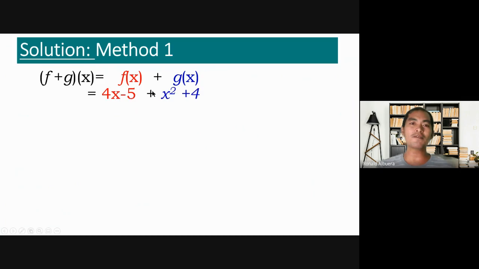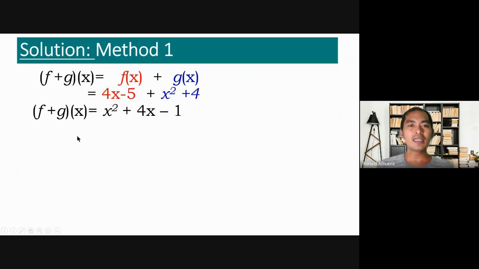So we have 4x minus 5 and x squared plus 4. Then simplify. x squared has no similar, so you just copy. 4x has no similar, so you just copy. Negative 5 and 4 are similar. Unlike sign, you subtract and you copy the sign of the bigger number in terms of its absolute value. This is the sum of the two functions.